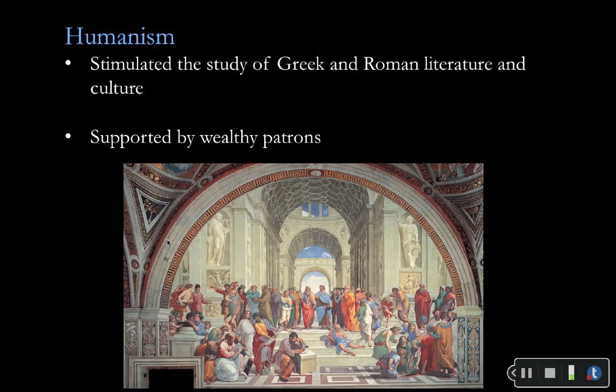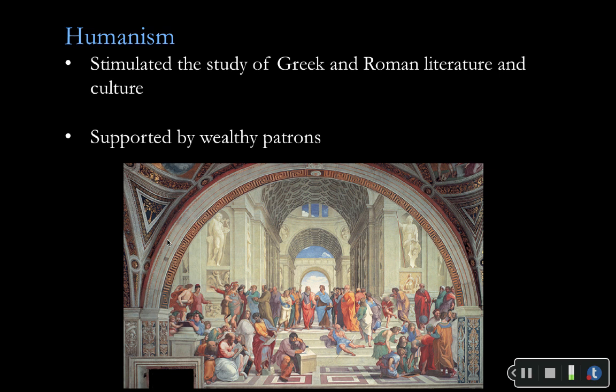This also stimulated the study of Greek and Roman literature and culture. So we talked about Greek and Roman cultures as being kind of the classical cultures. Again, this is something that Renaissance theorists, rulers, and artists looked, of course, straight back to Greek and Roman cultures for inspiration.